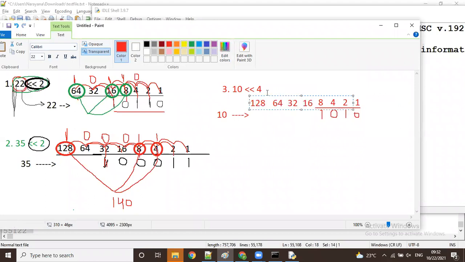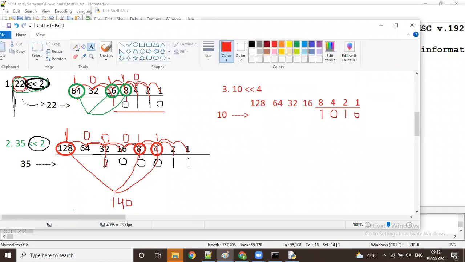Yes, 128. Now let me take these numbers also with the 10. Now move 4 places, guys. Everything moves 4 places. This one moving 4, right? So 1, 2, 3, 4.